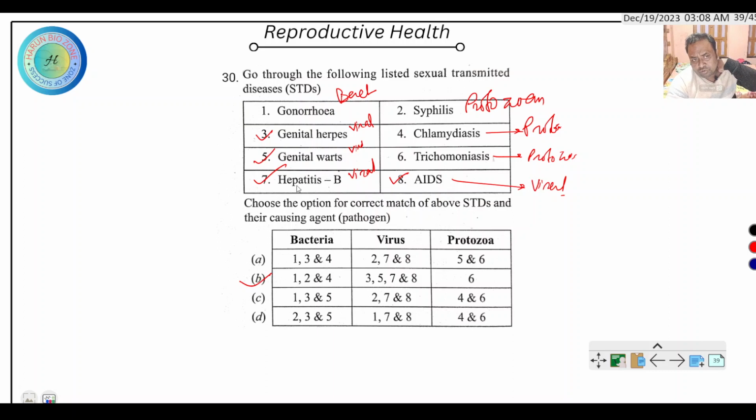For 1 to 4: 1, gonorrhea, bacterial disease; syphilis, sorry, this is not protozoa, this is Treponema pallidum, a bacterial disease. Okay, bacteria.